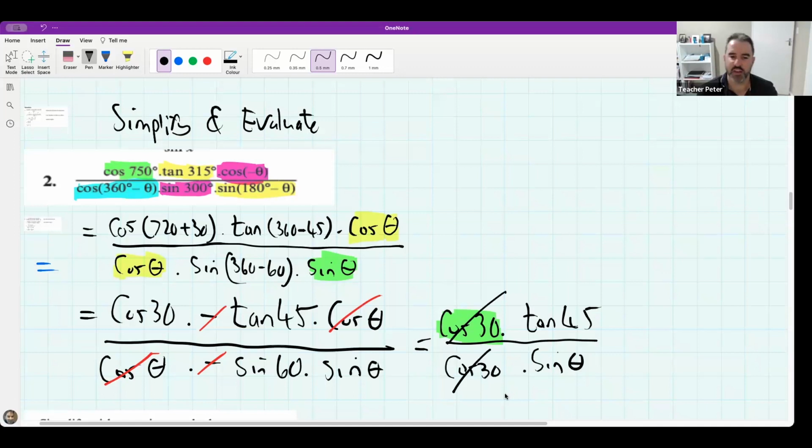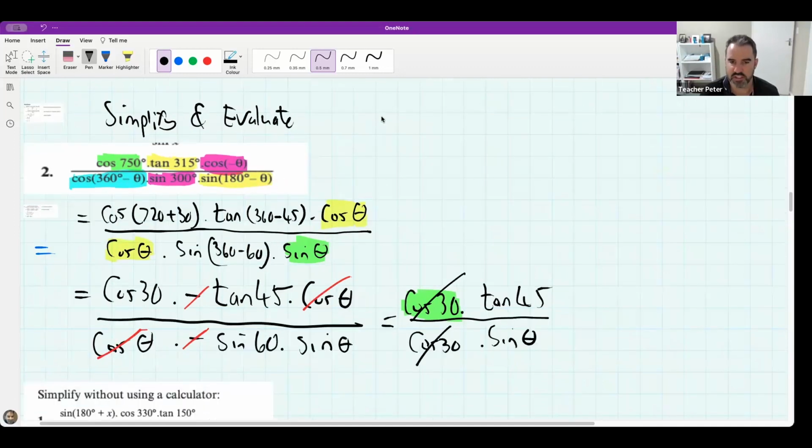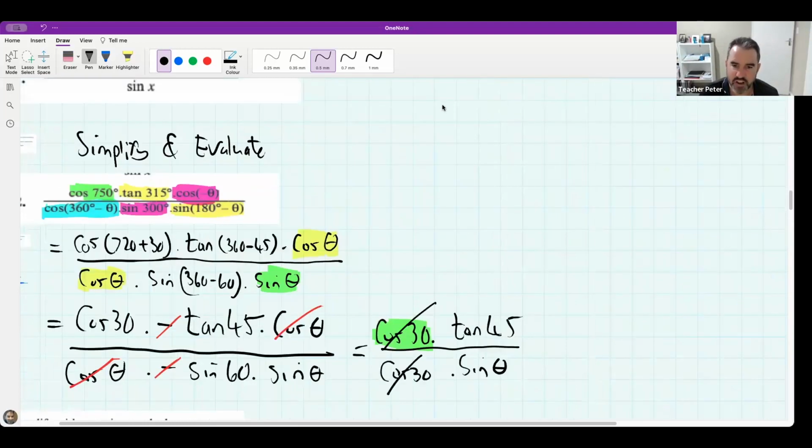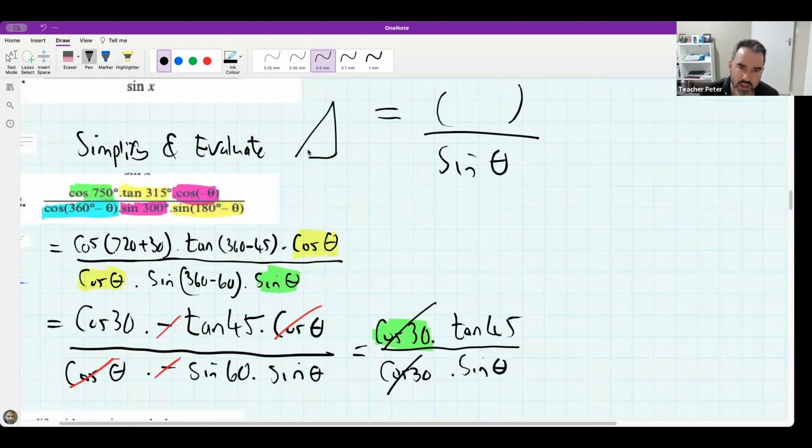So that becomes tan of 45 over the sine of 30. Now, the tan of 45 is actually a special triangle, and the special triangle looks like this: 45, 45, 1, 1, root 2. The tan of 45 is actually just 1 over 1.